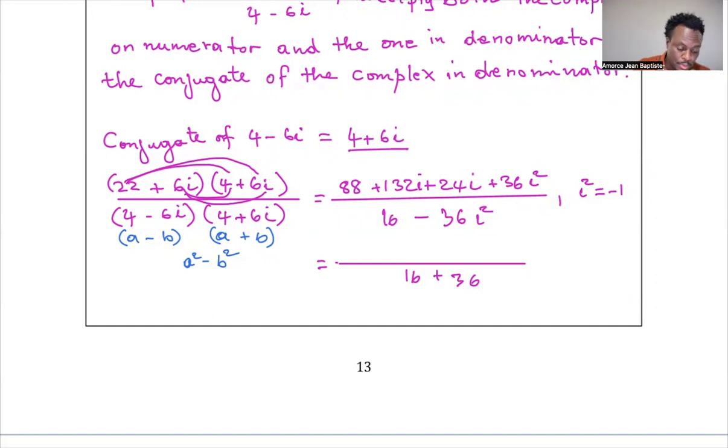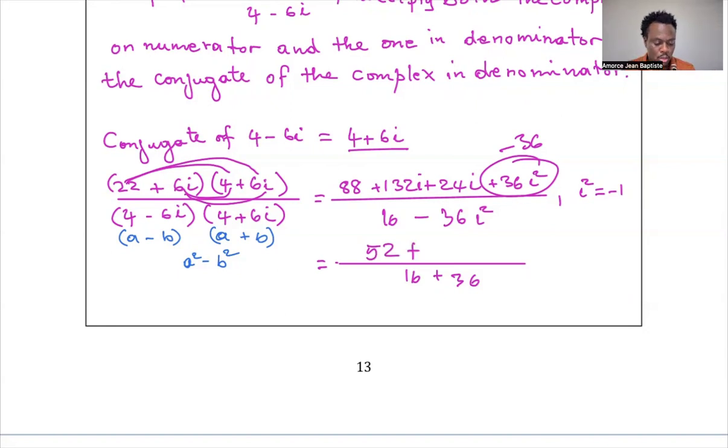And on top, we have 88, and that's going to be minus 36, because it's plus 36 with i squared being -1, so that's -36. So 88 minus 36, that's 52.